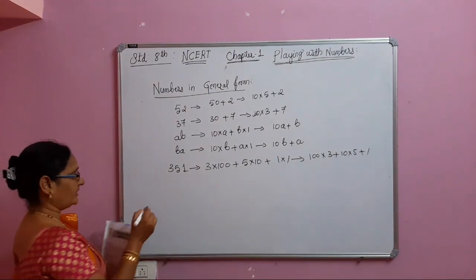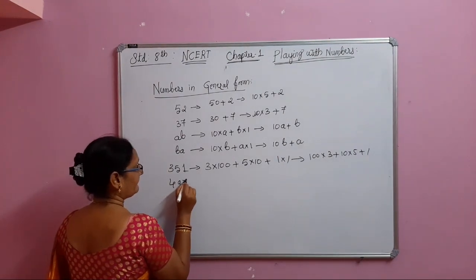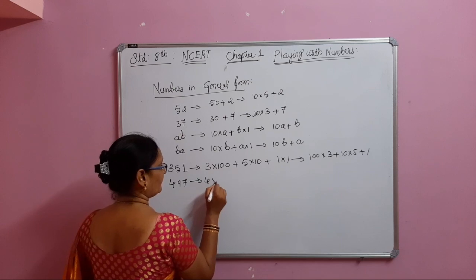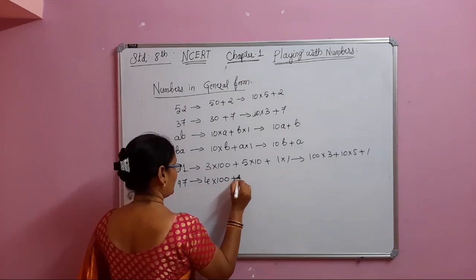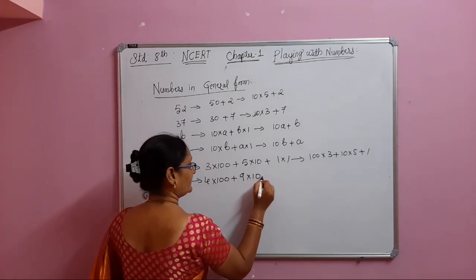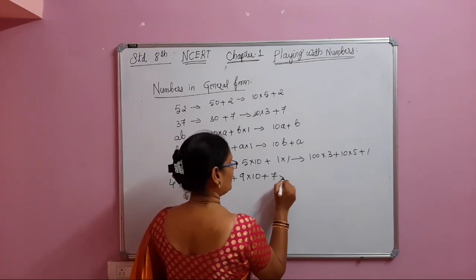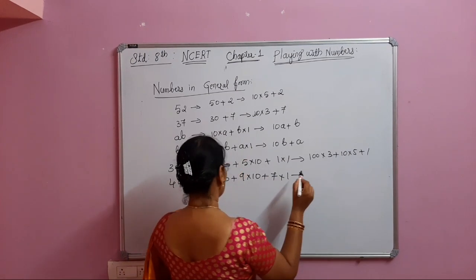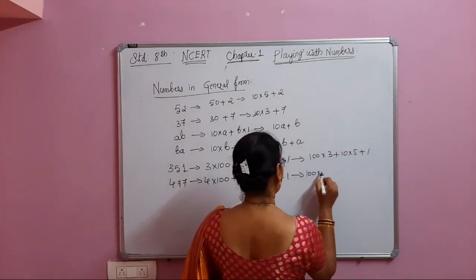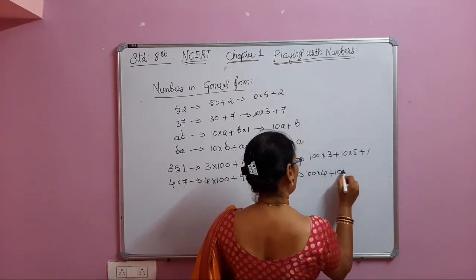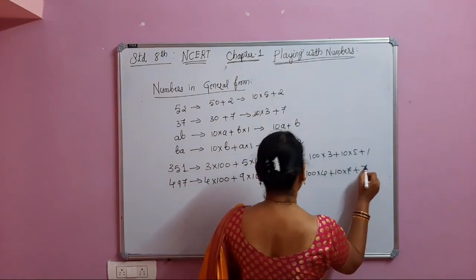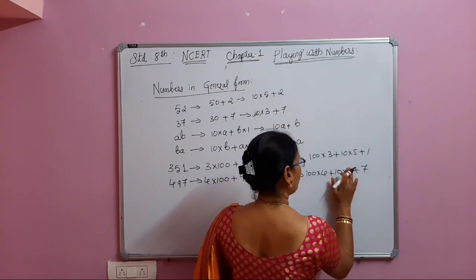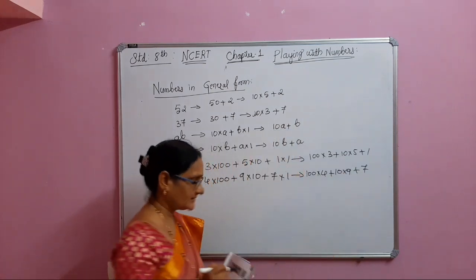Then in the same way 497 can be written as 4 into 100 plus 9 into 10 plus 7 into 1, that is 100 into 4 plus 10 into 9 plus 7.